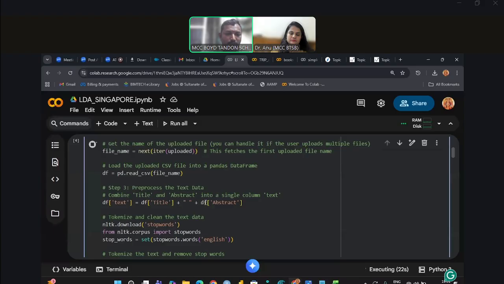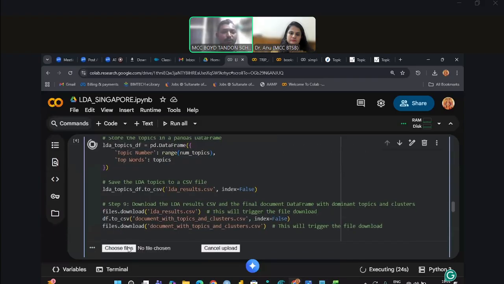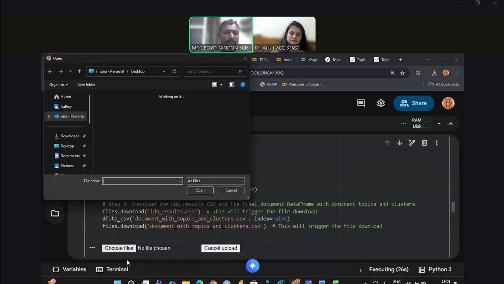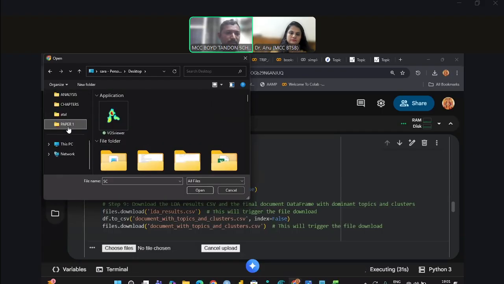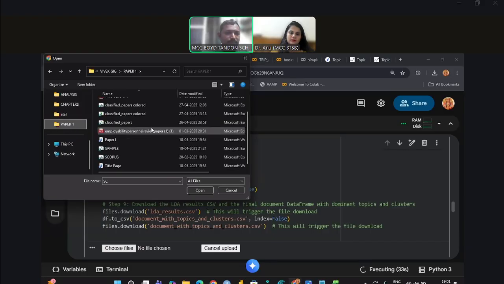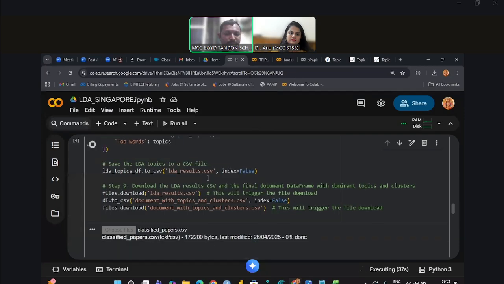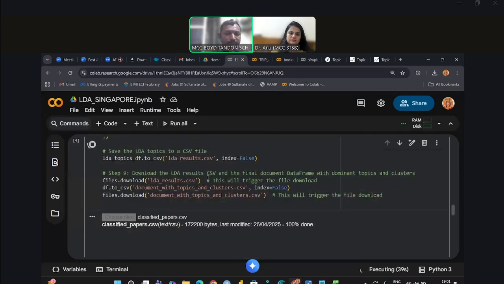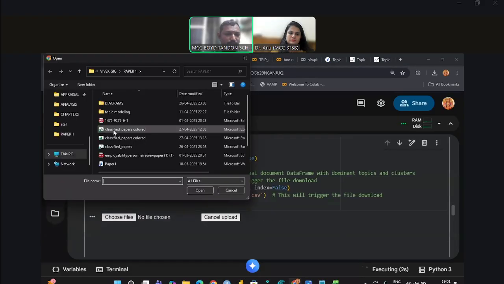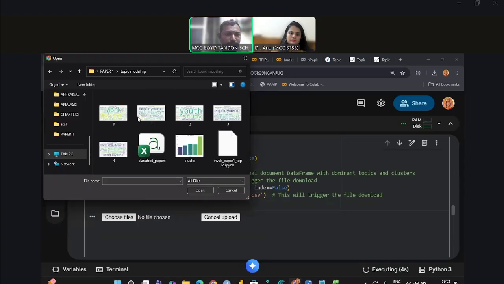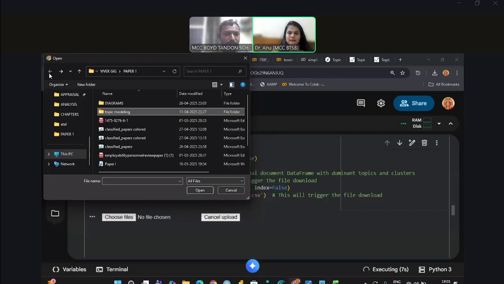If you have any CSV file with you, like Professor Lim gave you yesterday, we can use it. For example, I might have some files with me. Imagine I'm giving this paper. That classified papers is not working.